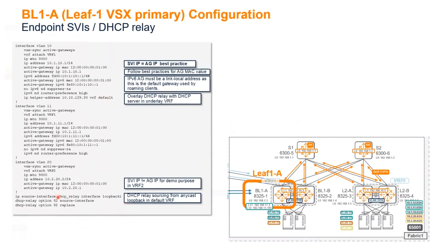You will source the DHCP relay from loopback one, which is the loopback shared between primary and secondary. Why is that? Because the answer of the DHCP relay may hit one or the other node of the VSX cluster, right? So you need to make sure that you source from loopback one.